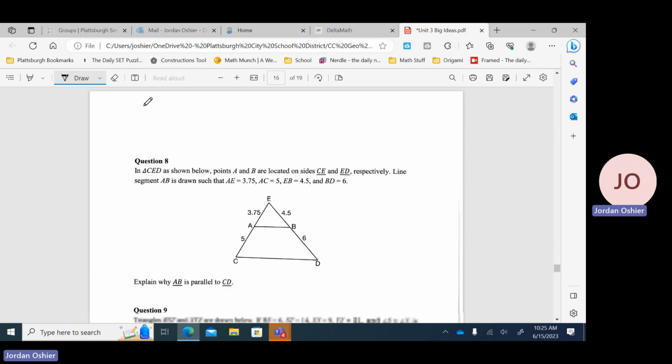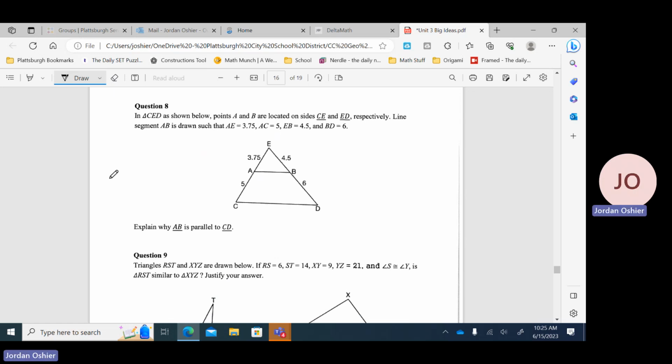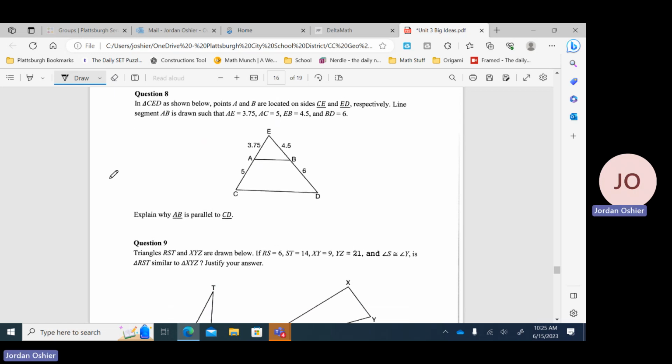The next one, they want you to explain why AB is parallel to CD. So I would first show this proportion. So 3.75 is to 5 as 4.5 is to 6. Again, this is the parallel line creating those proportional parts. So we're good to go like that. And then I would cross multiply and show that I get 22.5 on both sides.